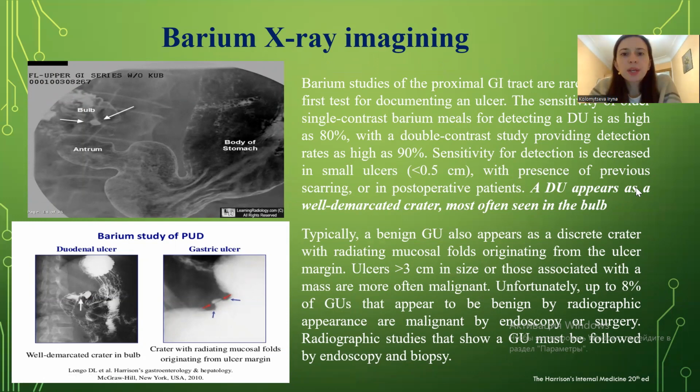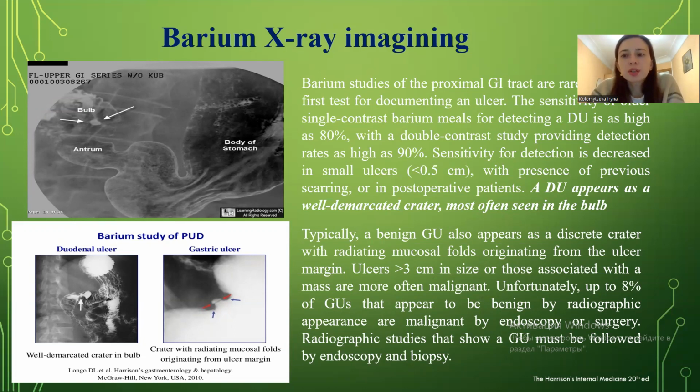Barium X-ray imaging. Barium studies of the proximal gastrointestinal tract are rarely used as the first test for documenting an ulcer. The sensitivity of single contrast barium for detecting a duodenal ulcer is as high as 80%, with a double contrast study providing detection rates as high as 90%.